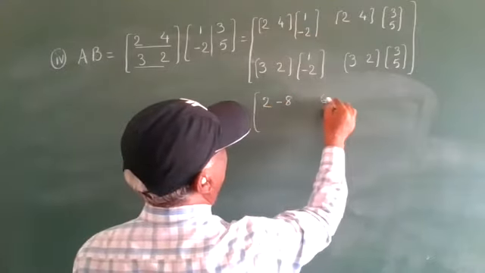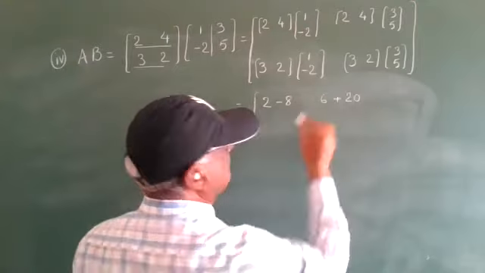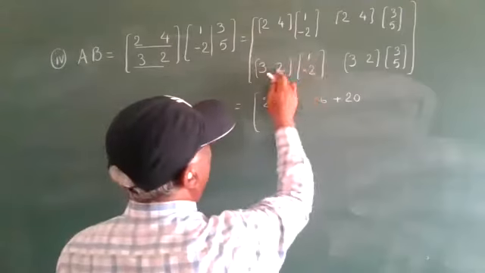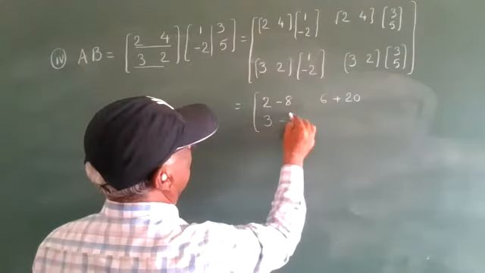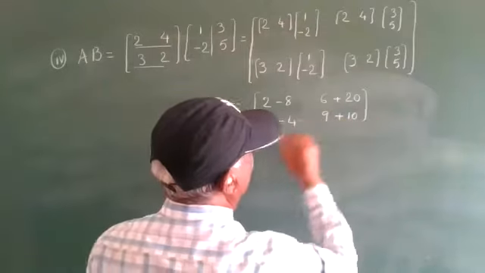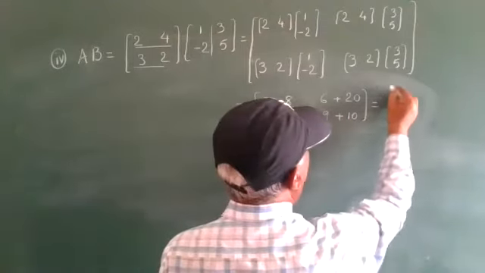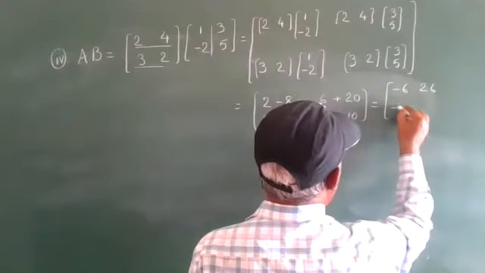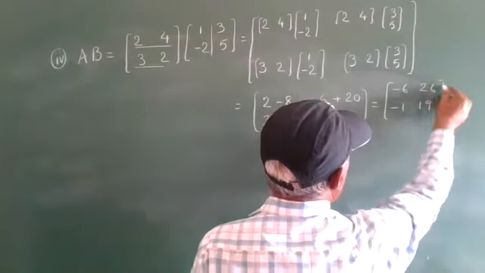Next, 6 plus 20. Next, 3 minus 4. Next, 9 plus 10. The answer is minus 6, 26, and minus 1, 19.